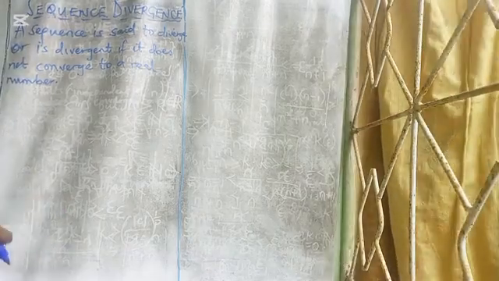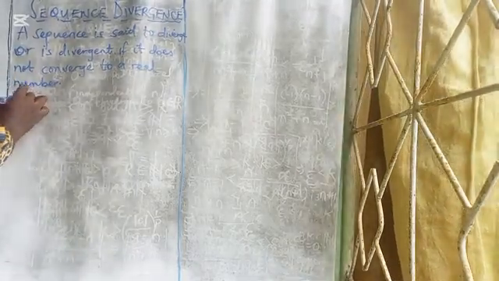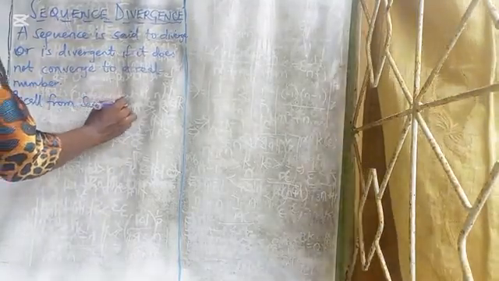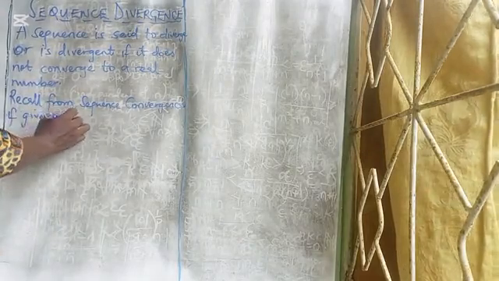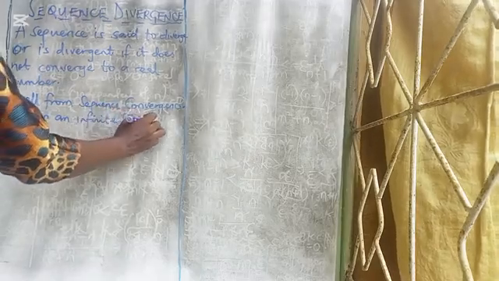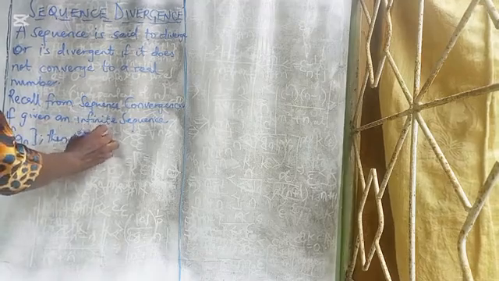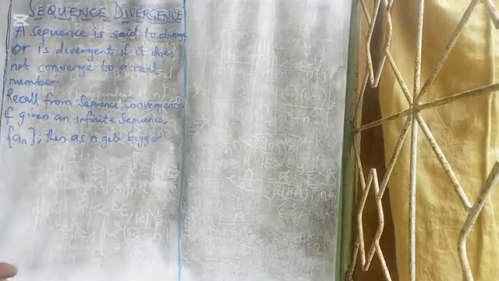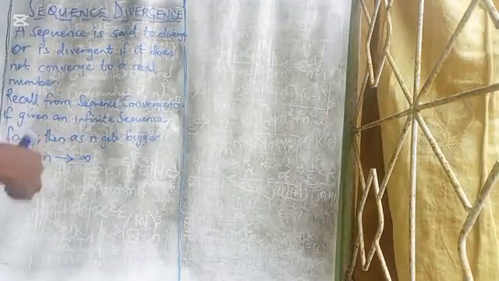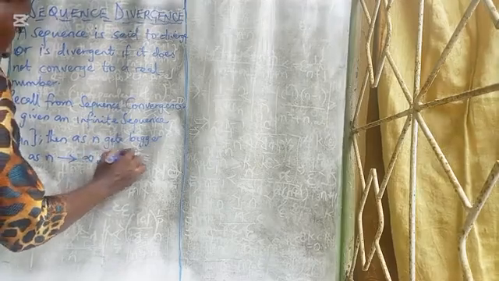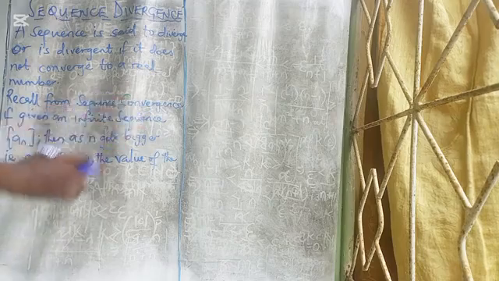Now we will recall that when we were working on sequence convergence, we said that if we are given an infinite sequence a_n, then as n gets bigger, that is, as n tends to infinity, the value of the sequence gets closer and closer to a limiting value a.